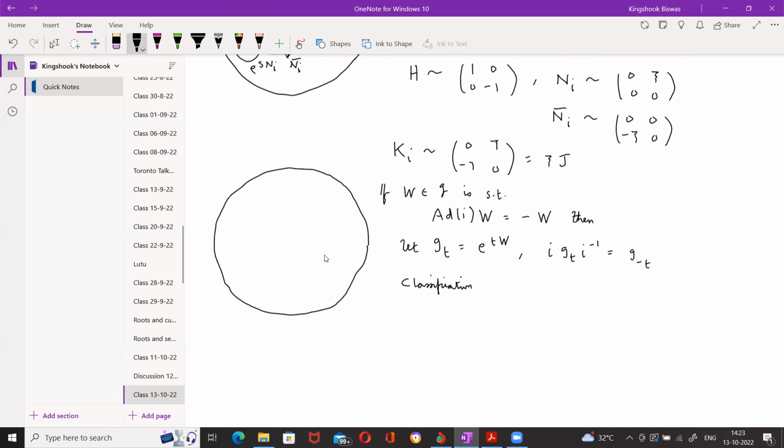In the case of a rank 1 symmetric space, it is a negatively curved, simply connected complete manifold. In particular, that implies it is a CAT(minus 1) space. And for such spaces, you can define a boundary at infinity in terms of equivalence classes of geodesic rays, like we discussed last semester. Okay.